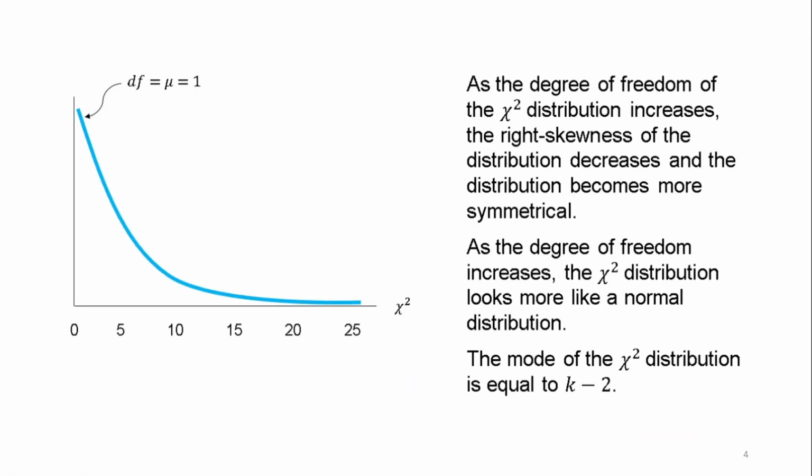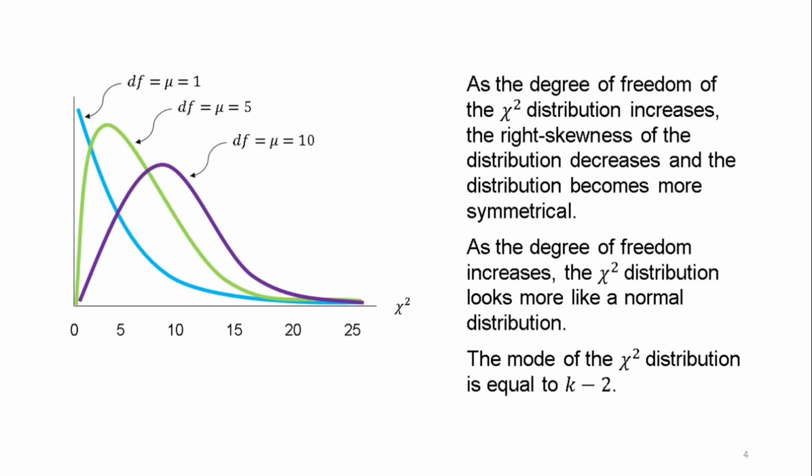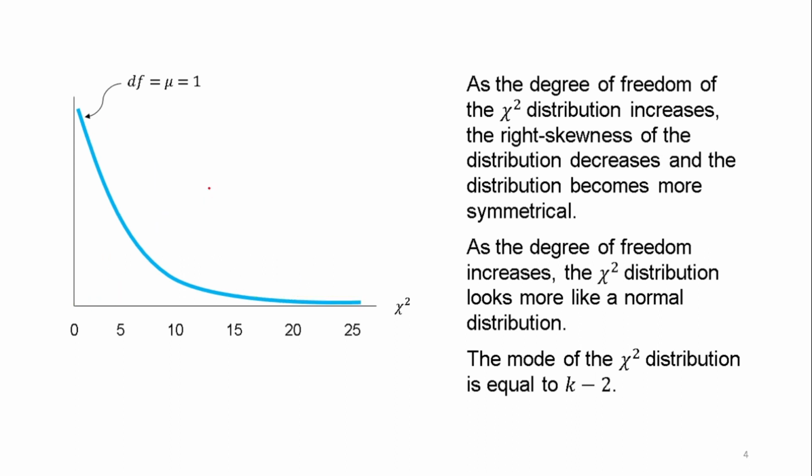If you can see here, as the degrees of freedom increase, the chi-square distribution looks like a normal distribution. If the degree of freedom is equal to 1, the mean is also 1, and the distribution is like this.